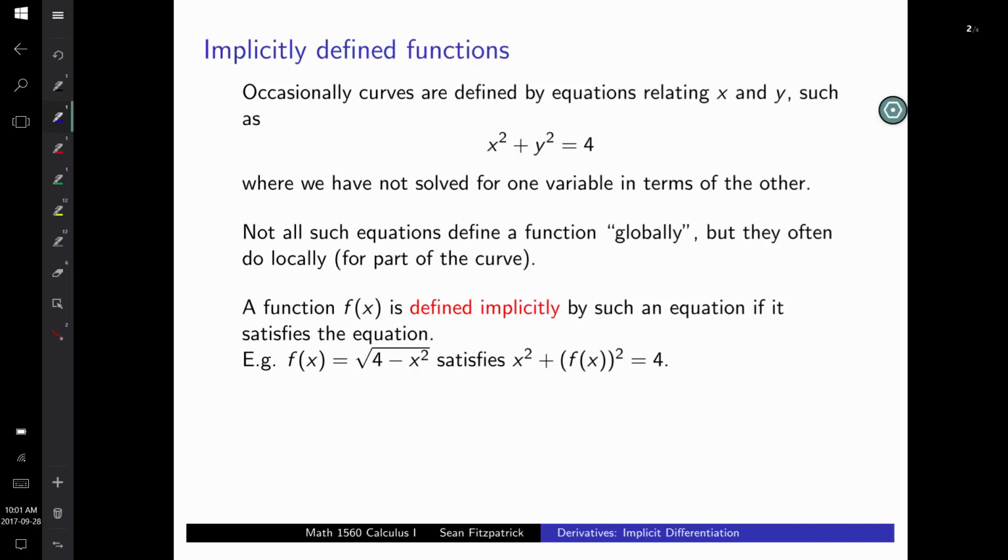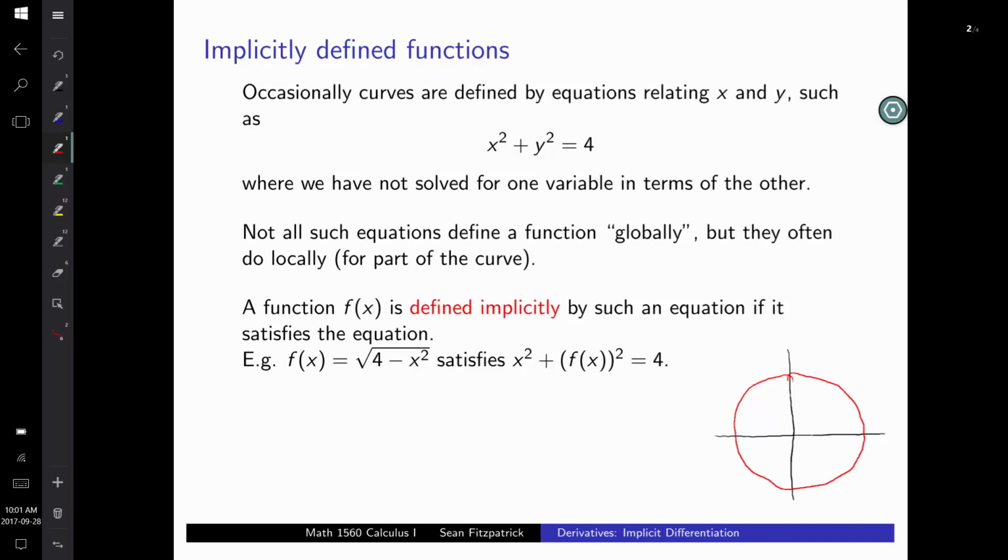A simple example is the equation of a circle, x squared plus y squared equals 4. We know what that gives us: a circle centered at the origin of radius 2. Okay, terrible circle, but you get the idea.